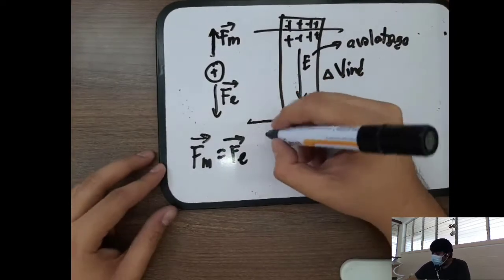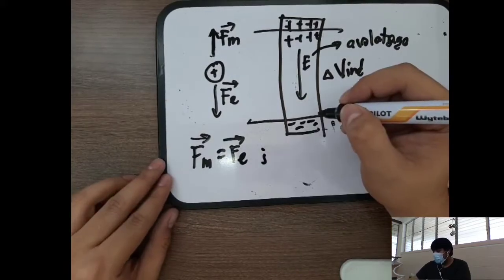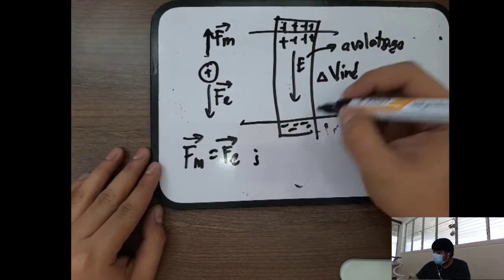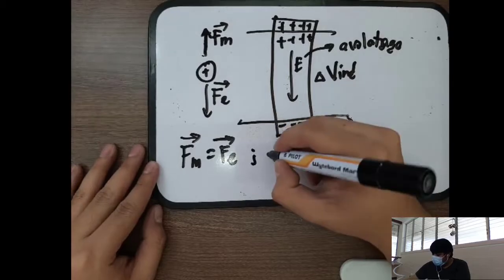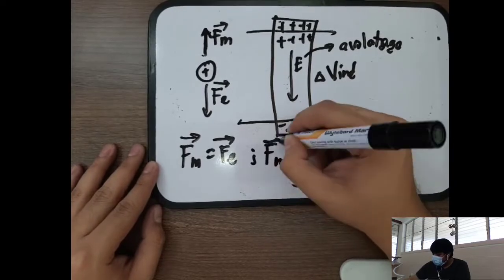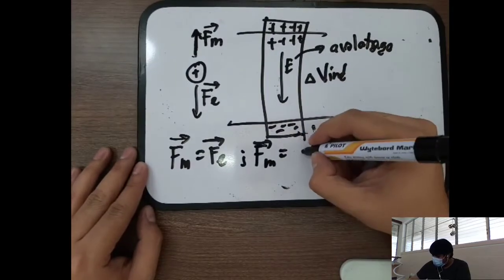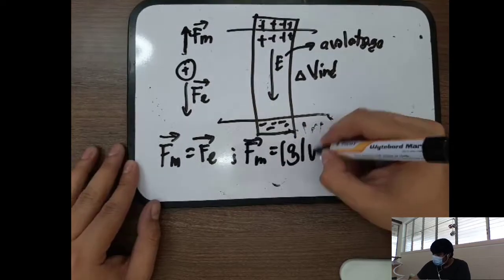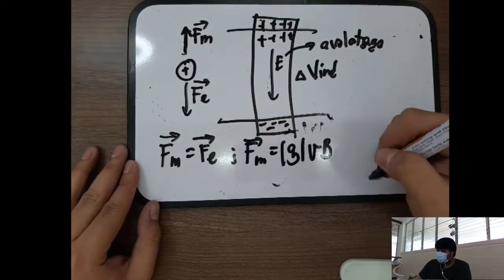Now we know from Coulomb's law of electromagnetic that the magnetic force on the point charge is equal to Q times the velocity times the magnetic field strength.